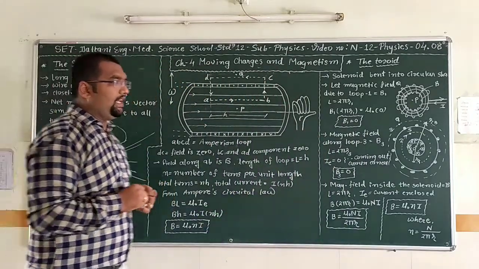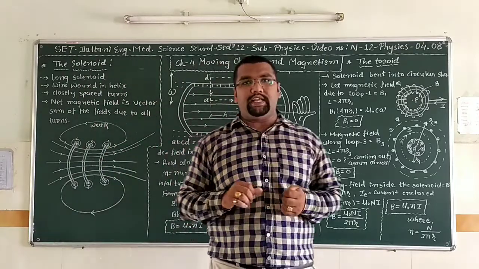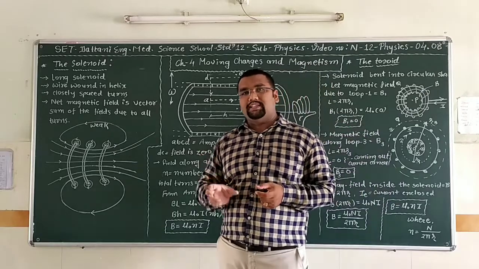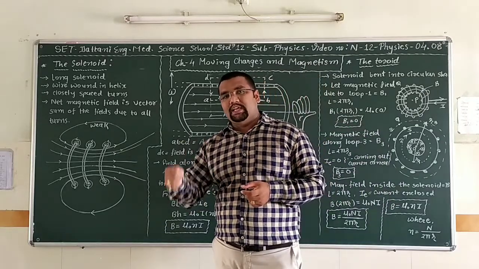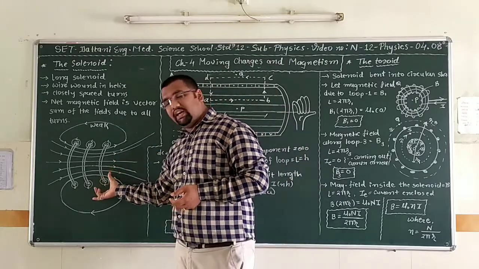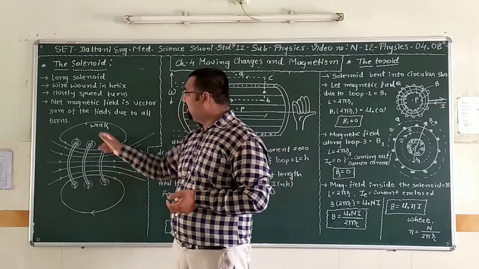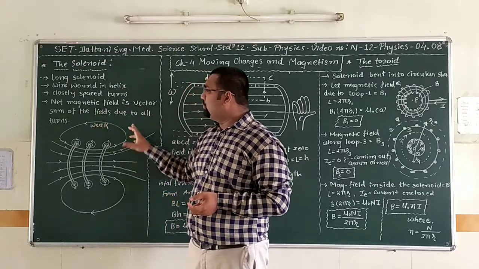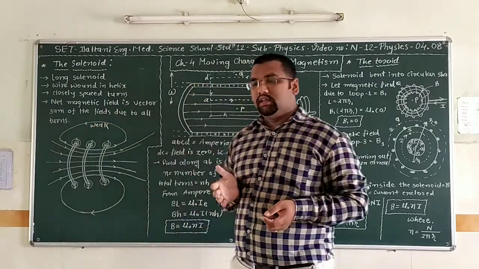So the total magnetic field produced by the solenoid is the sum of the separate turns. The total magnetic field of the solenoid is the vector sum of the fields due to all turns.